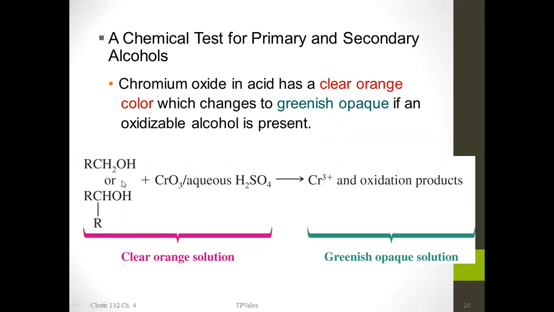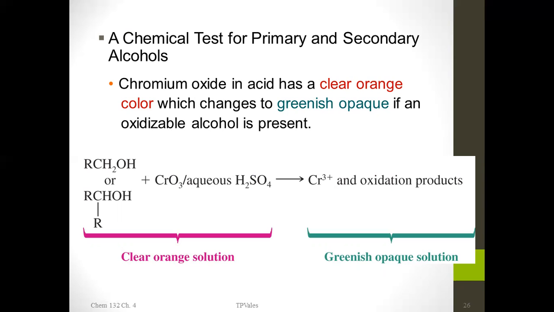You have a primary alcohol, RCH2OH, or a secondary alcohol, RCHOHR, in the presence of chromium oxide in aqueous sulfuric acid. Here chromium oxide is orange, a clear orange.